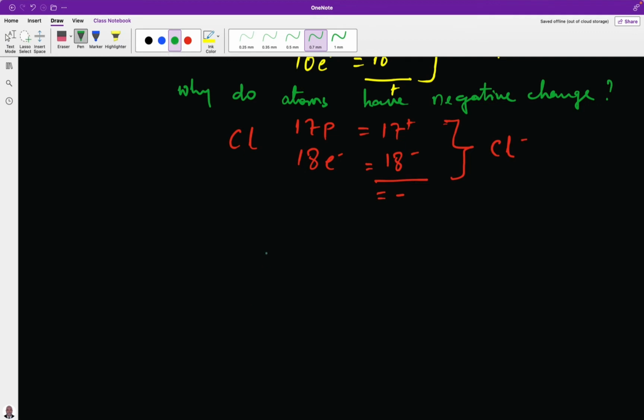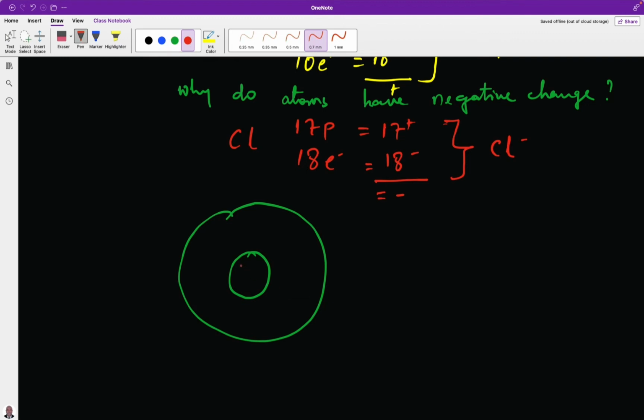You know that an atom is made up of a nucleus. The nucleus of the atom is where we have the proton and the neutron.